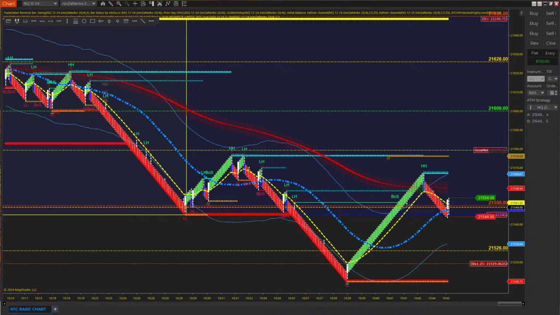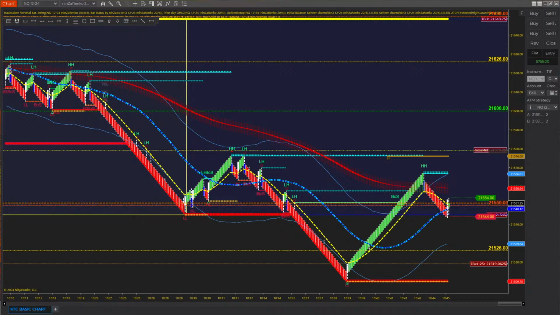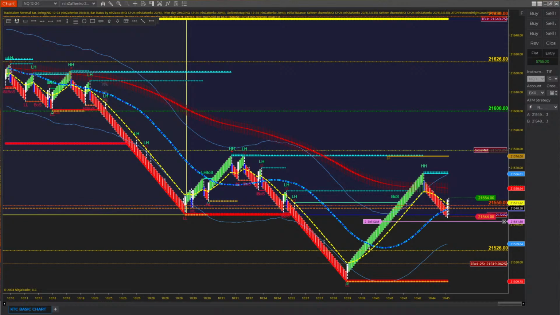So here we go. Let's see what happens here. I'm going to probably take a trade, a sell here. Now if it creates a railroad and continues going up, then I'll take it going up. But right now, let's see what happens here. If it goes down, there's my entry. I'm selling at that point.